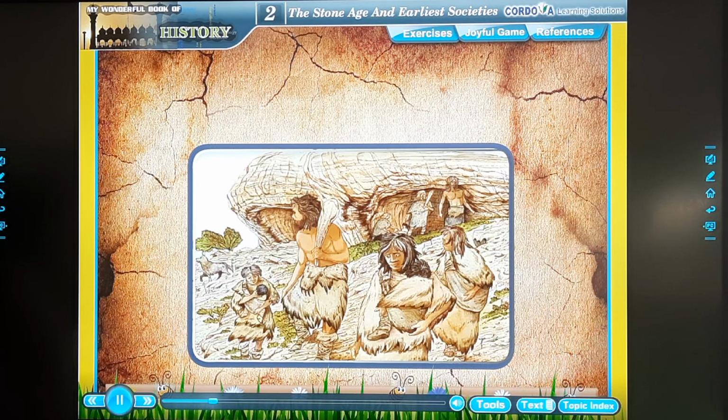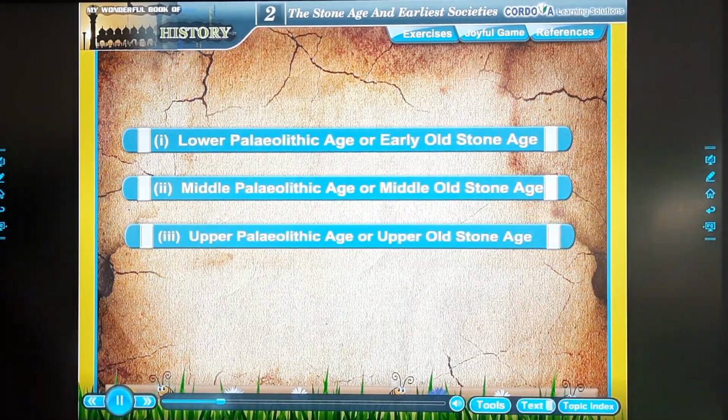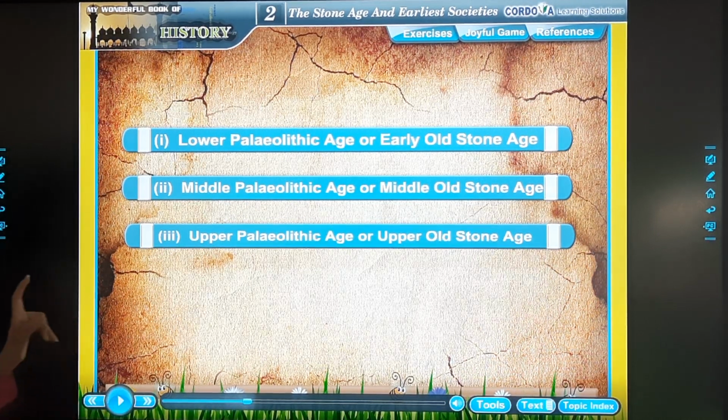The division is as follows. Number 1. Lower Paleolithic Age or Early Old Stone Age. Number 2. Middle Paleolithic Age or Middle Old Stone Age. Number 3. Upper Paleolithic Age or Upper Old Stone Age.